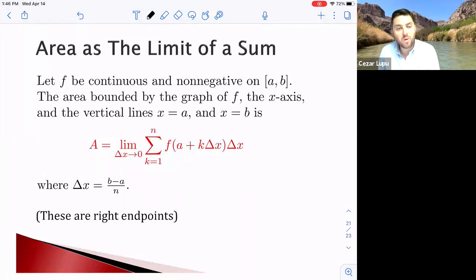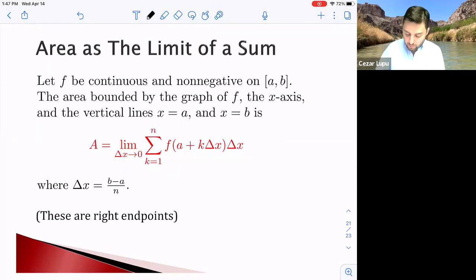So the area is the limit as delta x approaches 0 of the sum from k equals 1 to n of f of a plus k times delta x, where delta x is nothing else than the length of each subinterval, right? Which is (b minus a) over n.